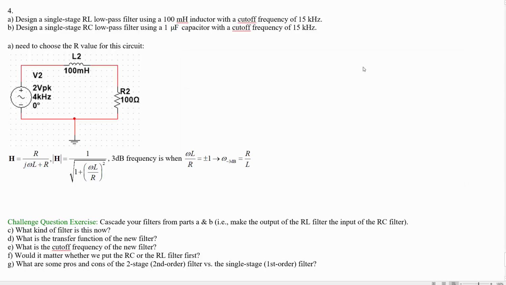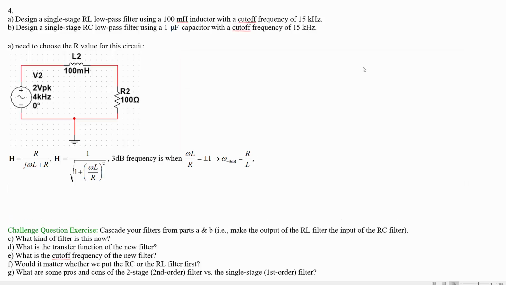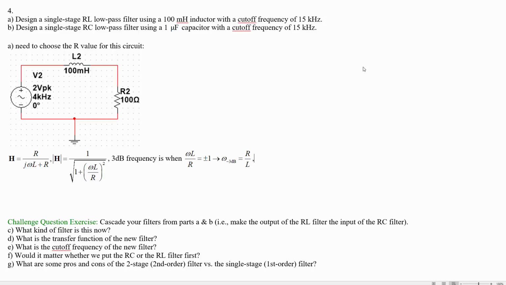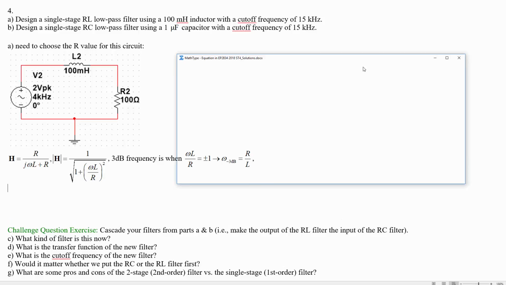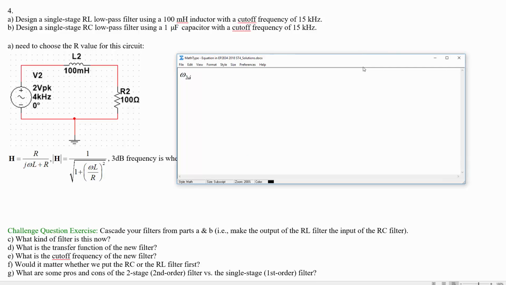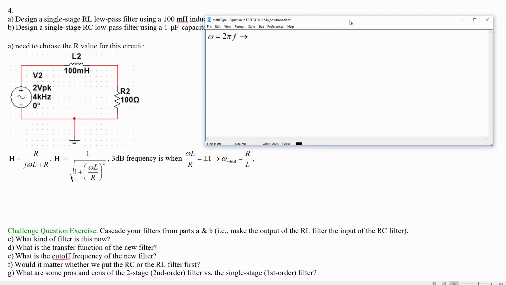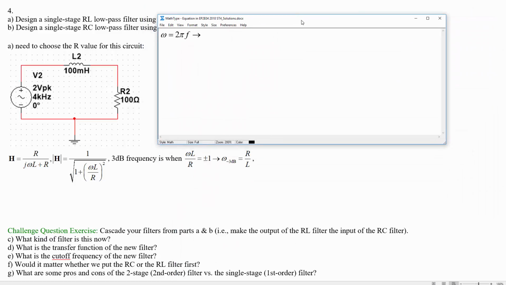All right. So that means that if we want a cutoff frequency of 15 kilohertz, omega is equal to 2 pi f. That allows us to solve for what R should be. In this case, we're doing a design problem where we need to pick what the R is.